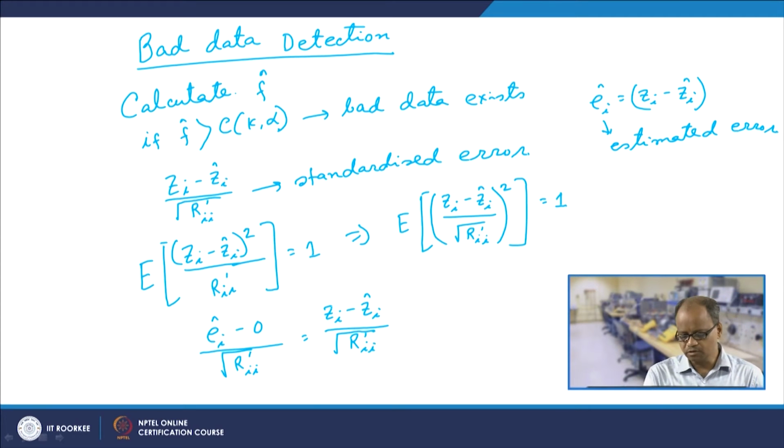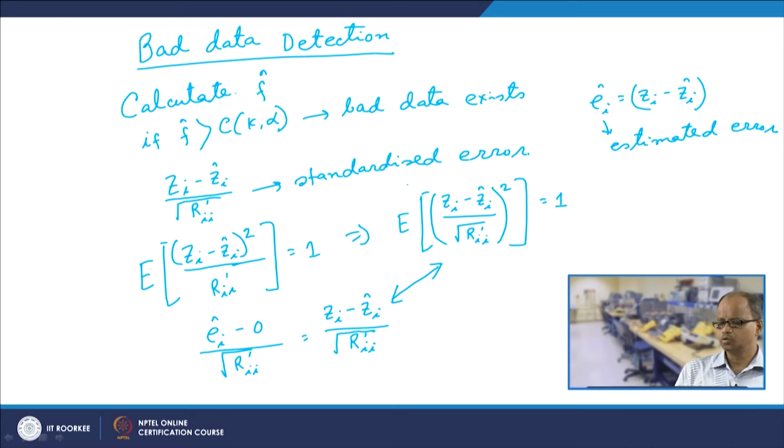Now this random variable has the property that its variance is equal to 1. So, this quantity is the standardized error with mean equal to 0 and variance equal to 1. That is why we call this quantity the standardized error. We first calculate this standardized error, take its absolute magnitude, and then reject the measurement which has the absolute maximum value of the standardized error.